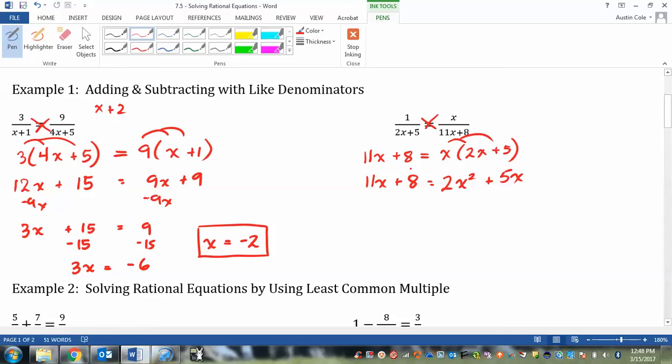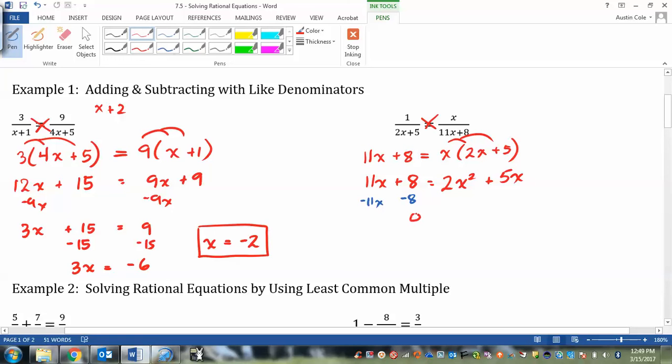Great, set it equal to 0. Here we just had x's, so we solved for x, getting all our x's on one side and all our numbers on the other. Here I have x squareds and x's, so I need to get everything equal to 0. Should I move everything to the left or to the right? To the right, because I like that 2 is already positive. So what's minus 8 and minus 11x?